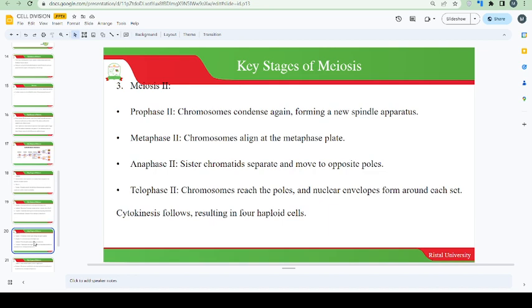During anaphase 2, sister chromatids separate and move to the opposite sides. Telophase 2. During telophase 2, the chromosomes reach the poles and the nuclear envelope forms around each set. Cytokinesis follows, resulting into 4 haploid cells.